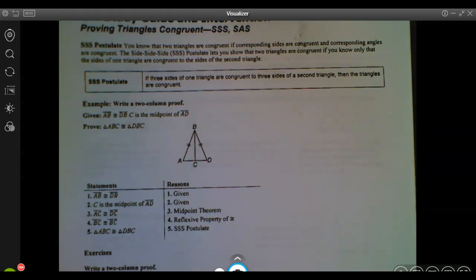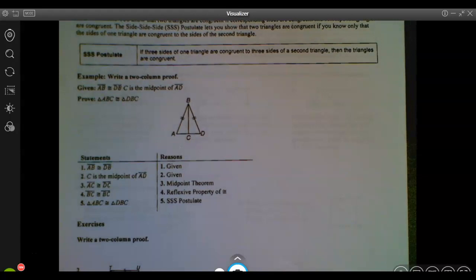We're going to need to show within our diagram where that came from, because once we learn more of these, like side-angle-side, angle-side-angle, hypotenuse-leg, there's a handful of these that we're going to be learning, and the best way to tell which postulate or theorem supports your reasoning is by the markings on your diagram. So that's going to be a really big thing to do as we go through.